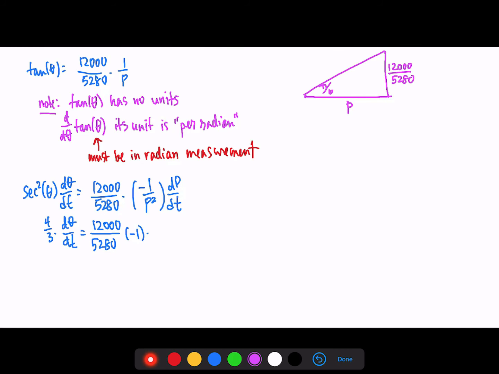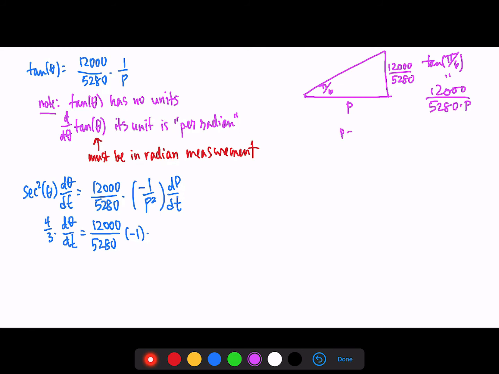And note, I'm measuring this side length of the triangle this way because I want it measured in miles, because P is going to be measured in miles. Tangent of pi over 6 is equal to the opposite over the adjacent, which is 12,000 over 5280 times P.